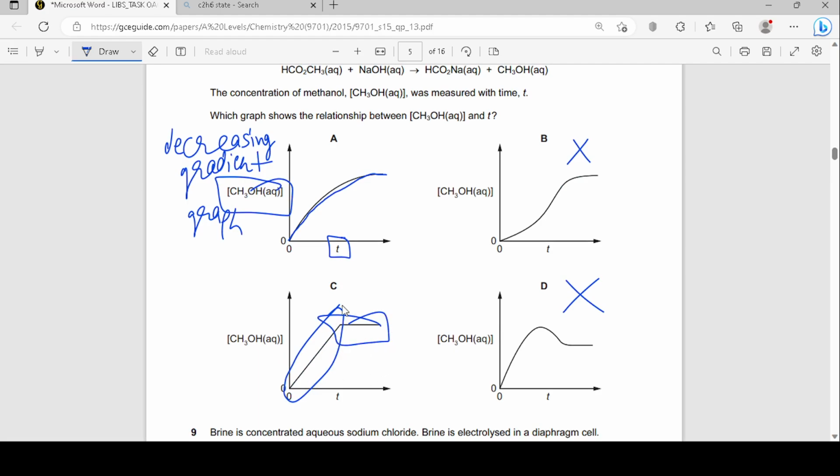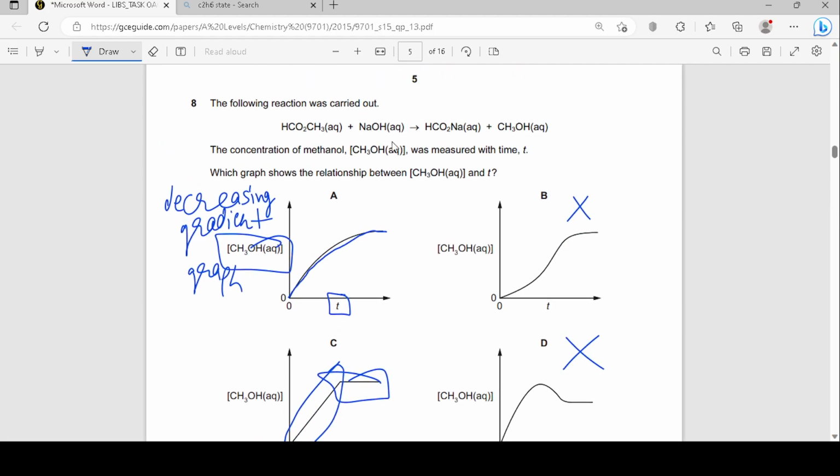But that's a problem. Why? Because as the reaction continues, your reactants become less and less in concentration, which means there are fewer successful collisions, so your rate of reaction decreases with time.